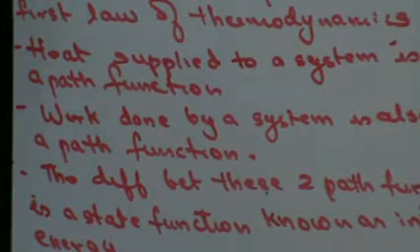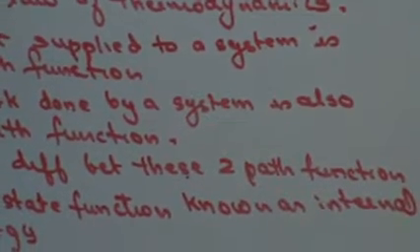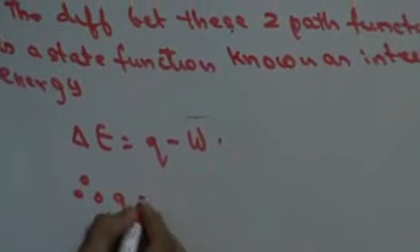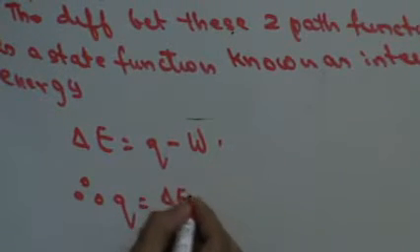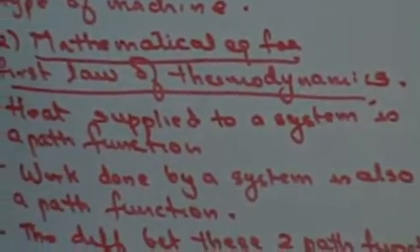That means internal energy is nothing but the difference between the heat supplied and the work done. Thus, the heat supplied is equal to internal energy plus the work done. That is my mathematical equation for the first law of thermodynamics. Fine. Now, let's see the sign convention for this.